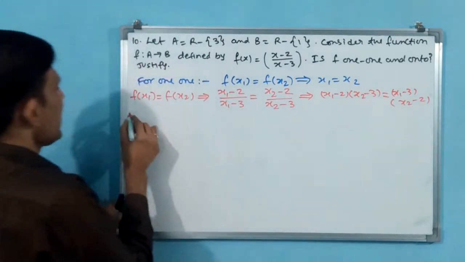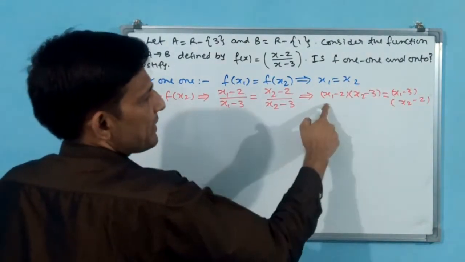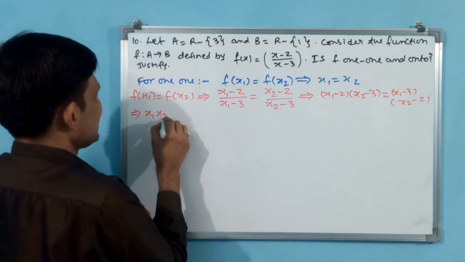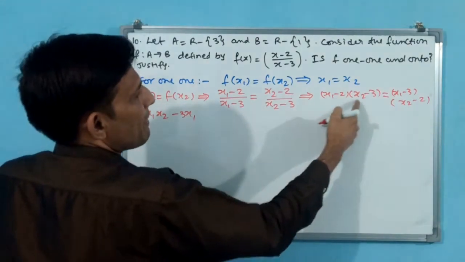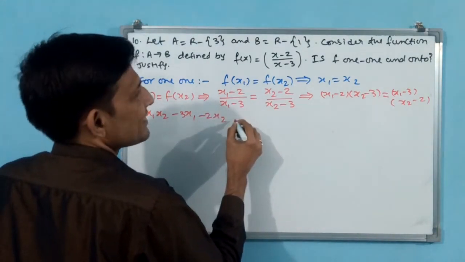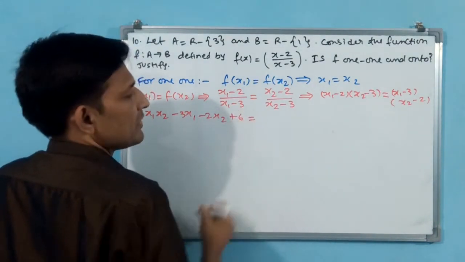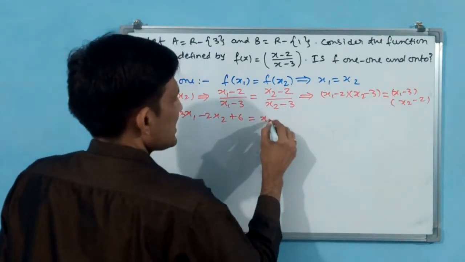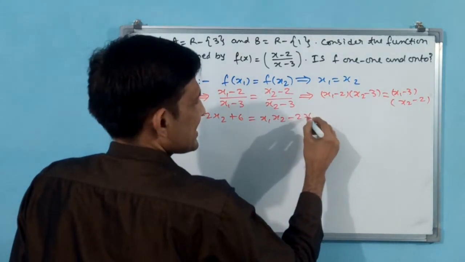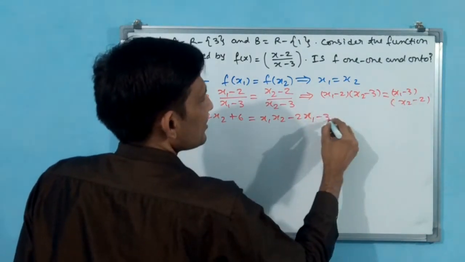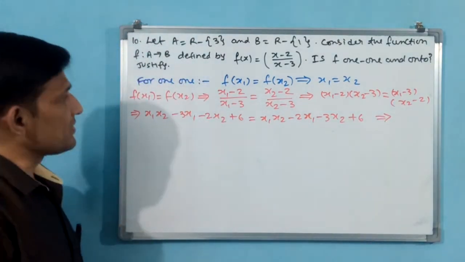Again you write implies. Multiply this: x1 x2 minus 3x1 minus 2x2 plus 6, 2 into 3 is 6, minus minus plus 6, is equal to this also: x1 x2 minus 2x1 minus 3x2 plus 6 implies.